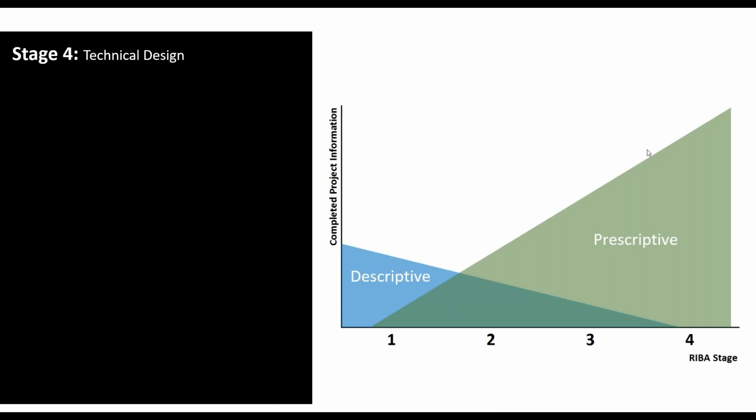And the other key thing that we were keen to play out at stage 4 is this whole notion of descriptive information versus prescriptive. So performance specifications were invented, if you like, 30 years ago, when we wanted to shift away from nominating a supplier to having suppliers make solutions to us.